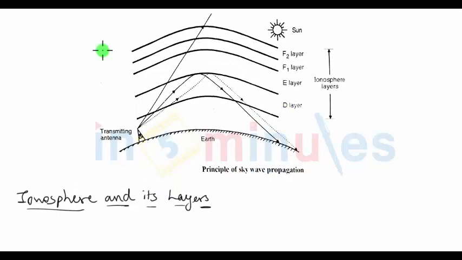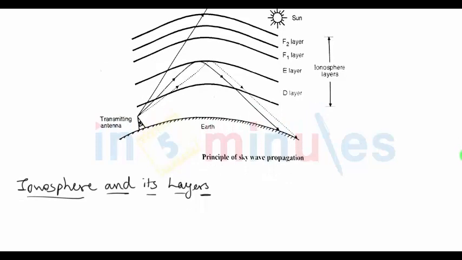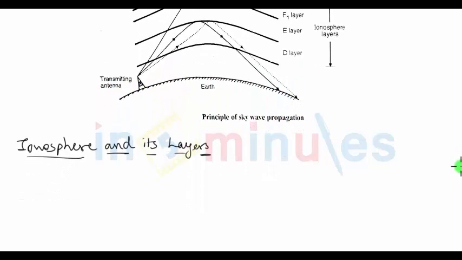Some important points about the ionosphere are that along with the ultraviolet radiation, the alpha, beta and gamma radiations from the sun and the cosmic rays are also responsible for the ionization and therefore the formation of the ionosphere.